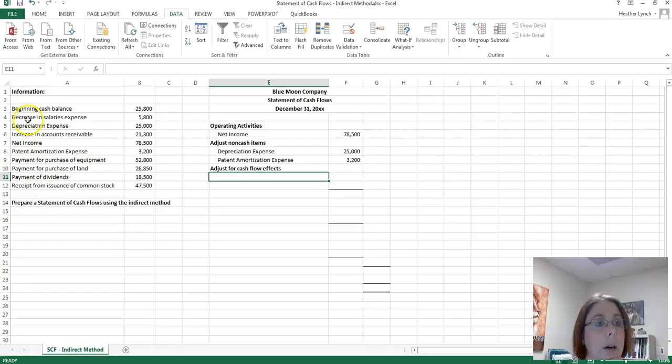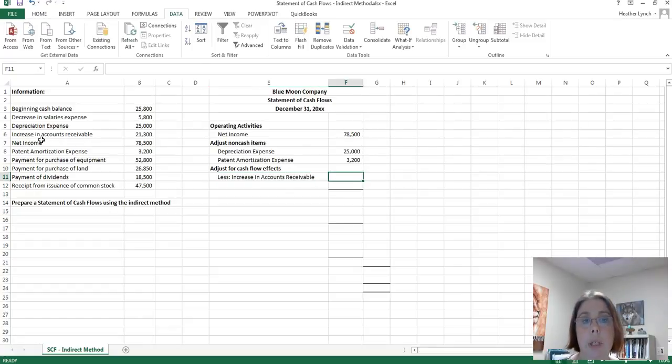Well, let's look here. We have an increase in accounts receivable. Since there's an increase, we're going to have less cash. Less increase in accounts receivable. Why is it less? Well, we had an increase in accounts receivable, so we didn't receive cash, but we had sales.